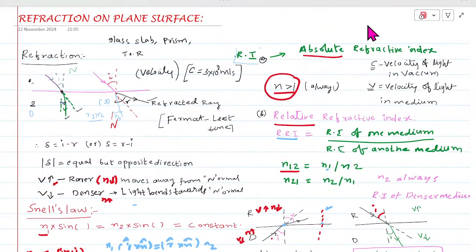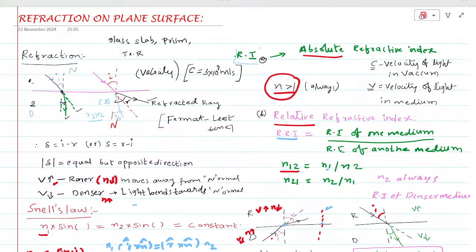Today I will go with refraction on plane surface. Under this, first I will explain glass slab applications and discuss TIR.